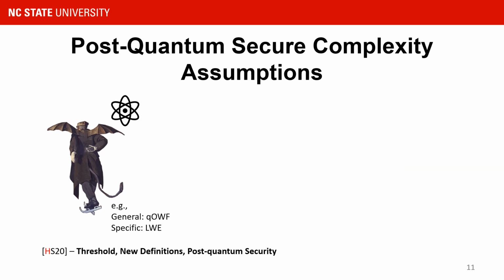Now, the next thing I want to tell you about is post-quantum security. I gave you a description of an adversary who was making a lot of queries to an oracle. But it's not just important what he asks to the oracle, it also matters what he can do computationally at home.